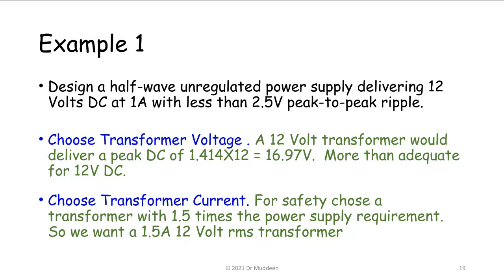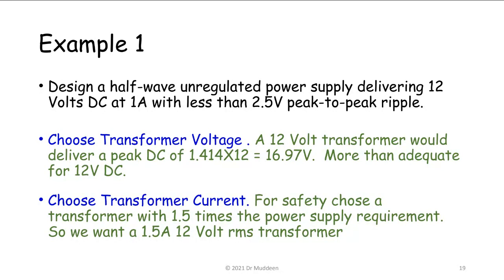Because the peak output of the 12 volt transformer is 1.414 times that, which is 16.7 volts, almost 17 volts, which is more than adequate for a 12 volt DC supply. So you're starting off with a raw DC capability of about 17 volts. So the first thing, get a transformer that will give you 12 volts DC at the end.